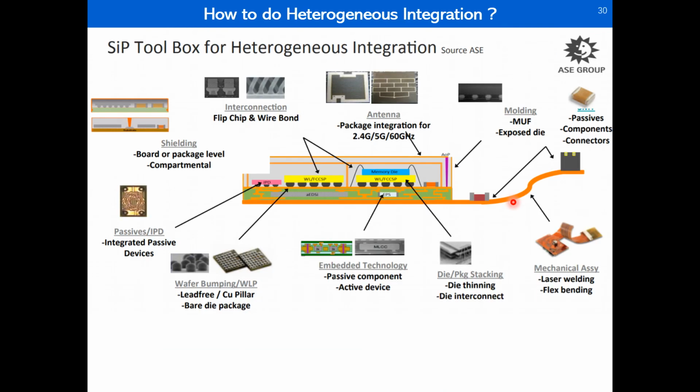And how to do heterogeneous integration? Here we have a toolbox for SiP to realize heterogeneous integration, such as flip chip and wire bonding, molding, die stacking, embedded technology, wafer-level packaging, electromagnetic shielding, and so on.